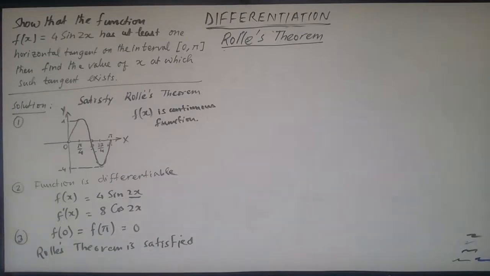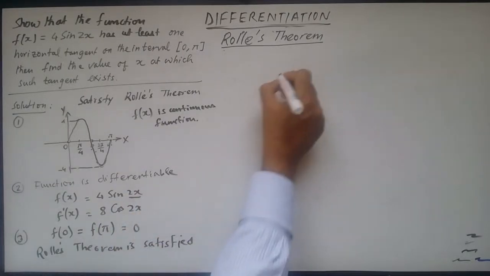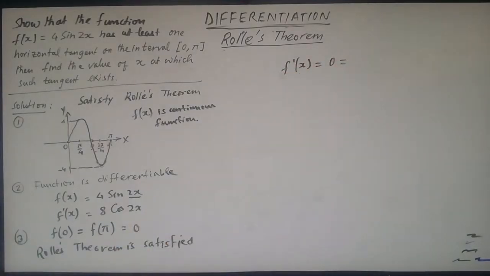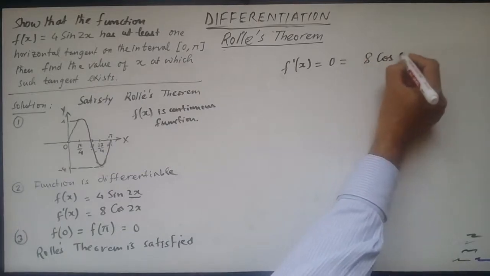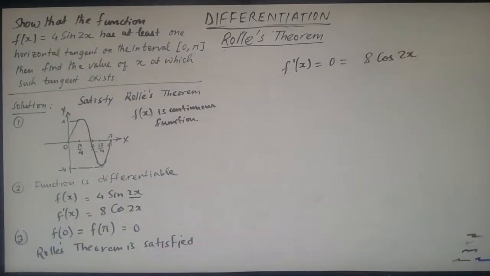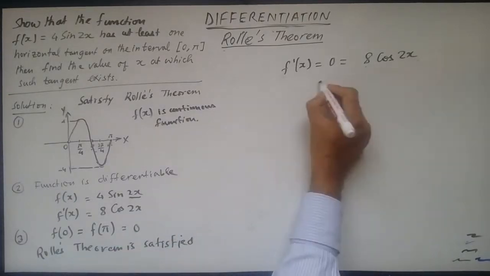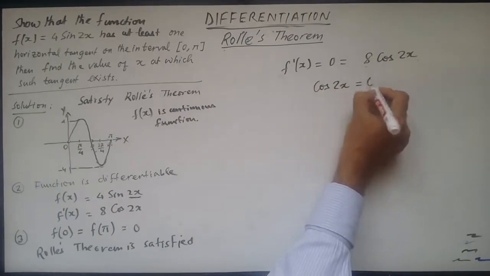So now, since Rolle's theorem is satisfied, obviously there should exist points where the derivative of this function will be equal to 0. So let's see this. If we equate f'(x) equal to 0, and we already know that f'(x) is equal to 8 cos 2x, obviously 8 cannot be equal to 0. So it means that cos 2x will be 0.